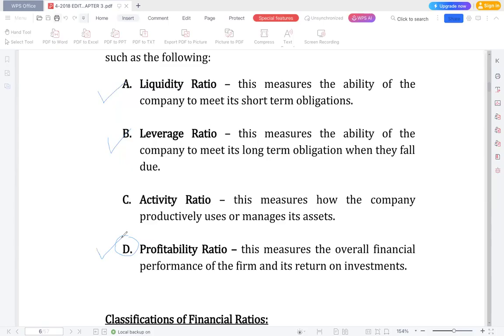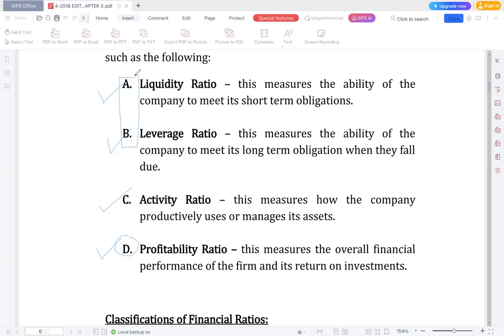And you can also check on the activity ratio. Is the firm an income generating company? Does its asset generate revenue? How fast? Then you can also check on the ability of the firm to pay its debt.